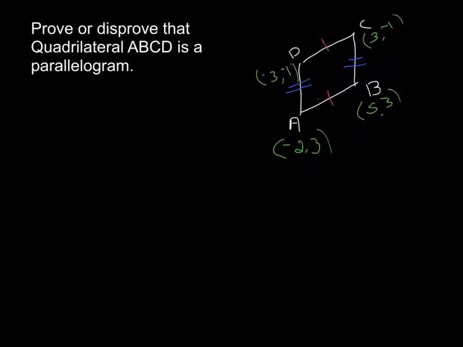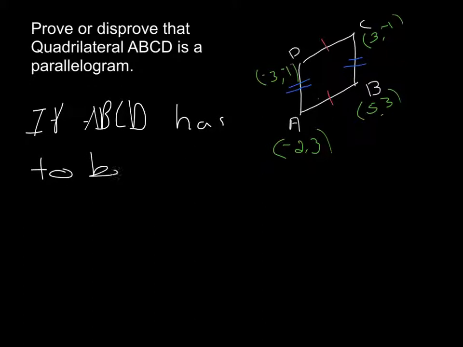So now we know that if ABCD has to be a parallelogram, then line segment AB should be equal to line segment DC, and line segment AD should be equal to line segment BC.